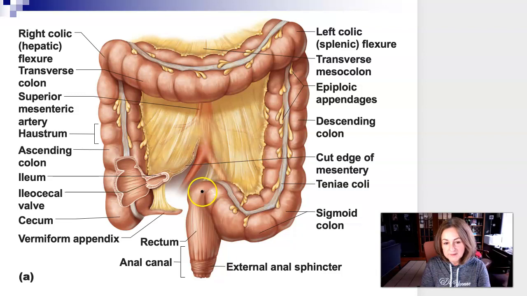The rectum is about the last 15 centimeters of the large intestine. And then where the rectum starts to move through the pelvic floor, that's the part of it that we call the anal canal, which leads to the anus, which is just the opening of the large intestine. So hopefully those regions make sense.